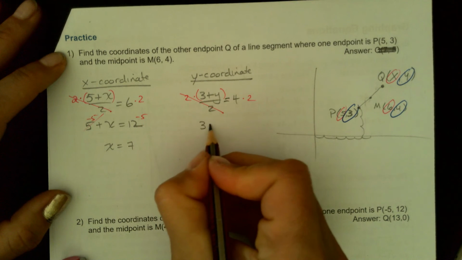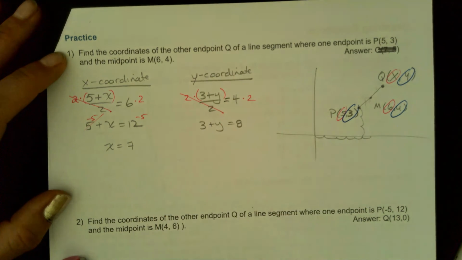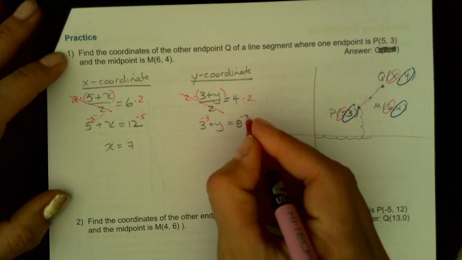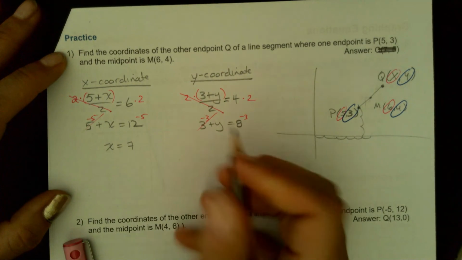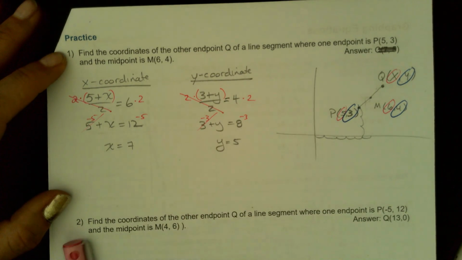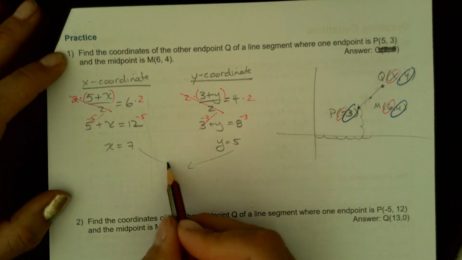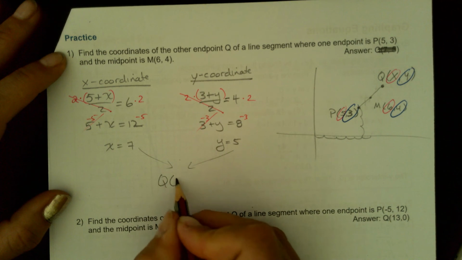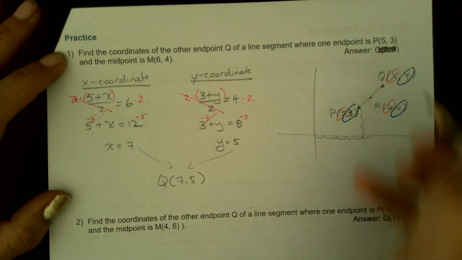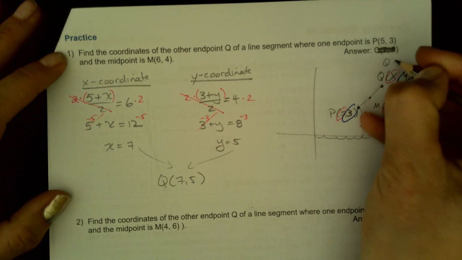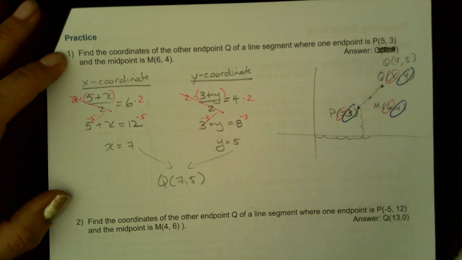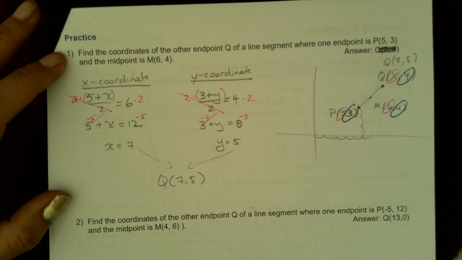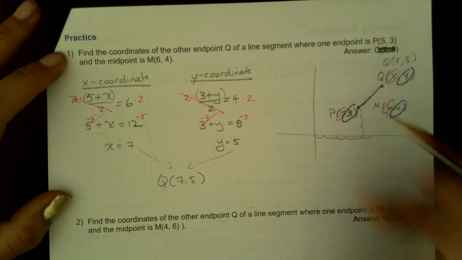So I have 3 plus y equals 8. Now I go minus 3, so y equals 5. So now I'm going to take these 2 points and say Q is (7, 5). So this point here, Q, is really (7, 5). Okay, we found the endpoint of this line segment.